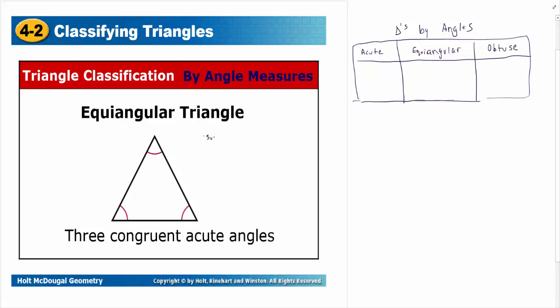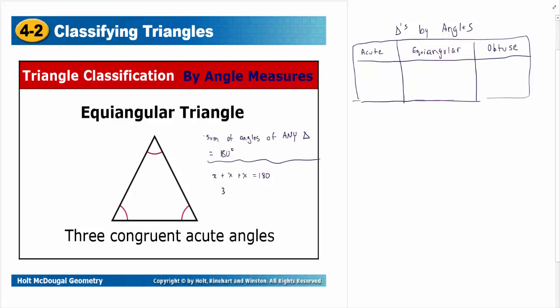So again, you don't have to know this yet. There is a theorem associated with it. We'll go over it when we get to it. But the sum of the angles of any triangle equals 180 degrees. So if you know that, then you want to think to yourself, x plus x plus x equals 180. If I'm dealing with an equiangular triangle and say these 3 angles are all x, then what is that angle?